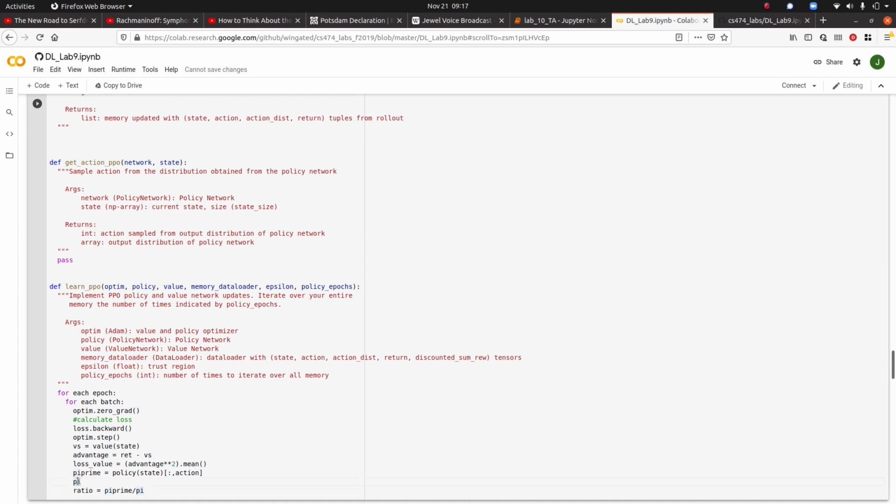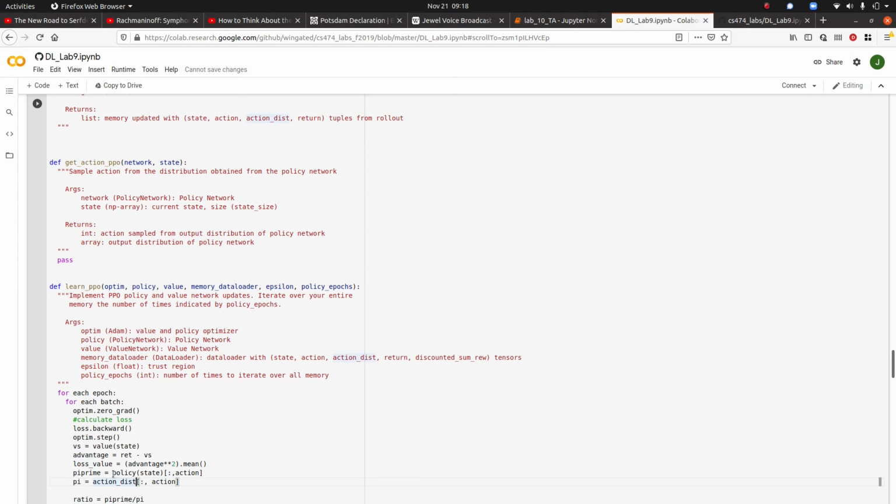So that's going to come out of the batch. If you call it action distribution or something like that, we're going to take all of the rows of action distribution, and we're just going to take the columns that correspond to the actual action we took. So there's pi prime and pi.